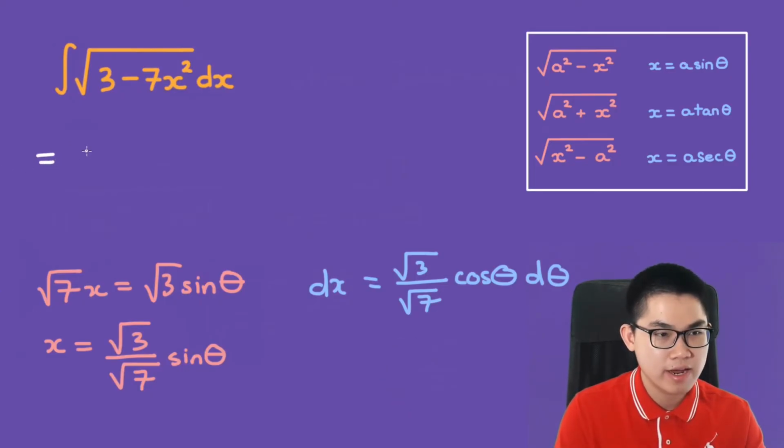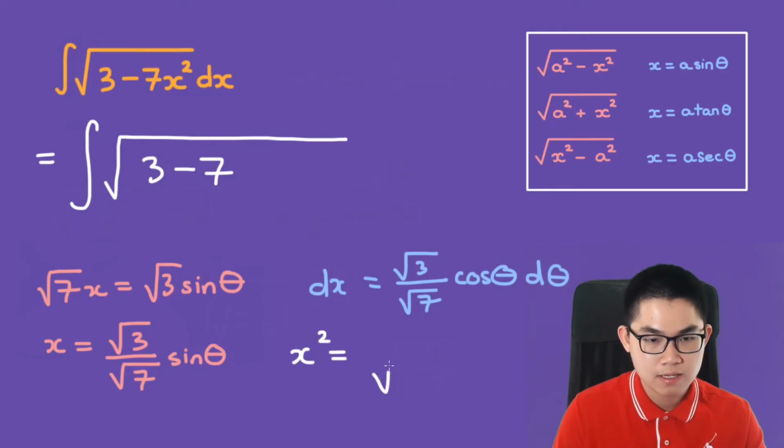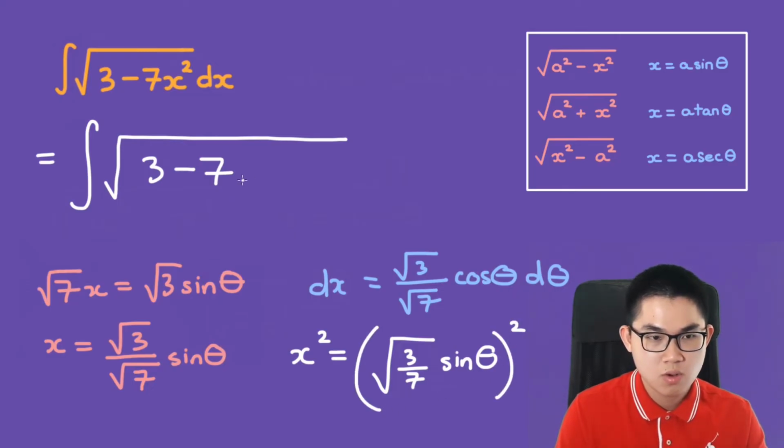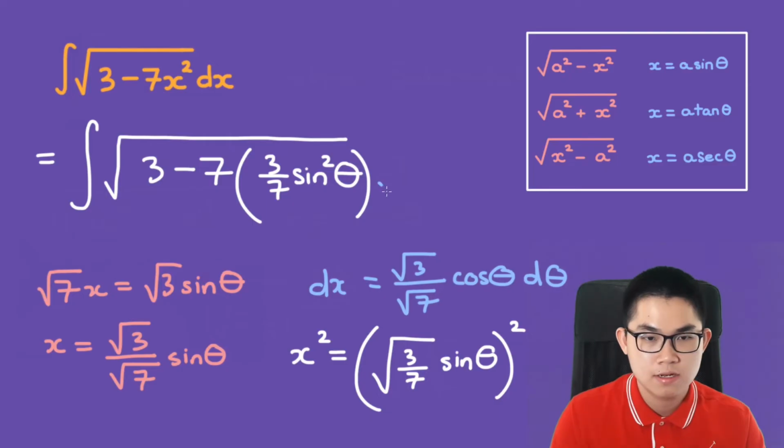Now, our integral would be 3 minus 7 times x squared. So x is this, and x squared will be the square root of 3 over 7 times sine to the power of 2, which will give us 3 over 7 sine to the power of 2 times dx, and dx is this, the square root of 3 over 7 times cosine d theta.